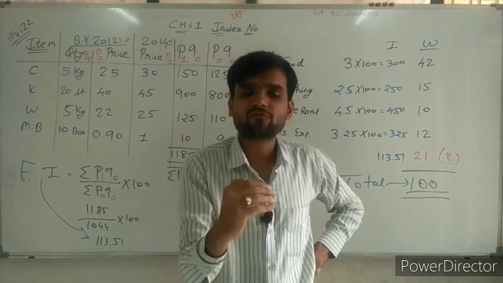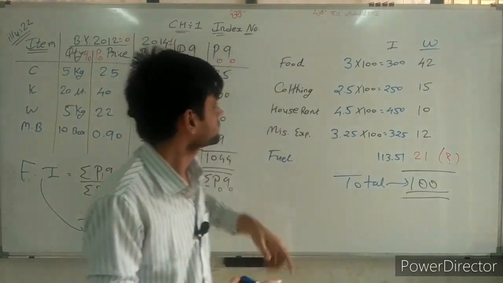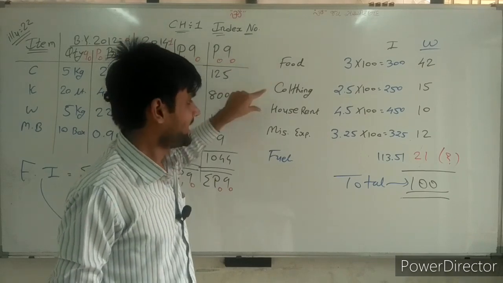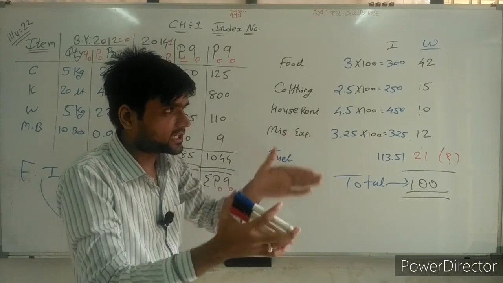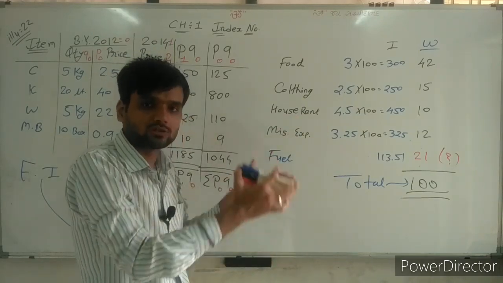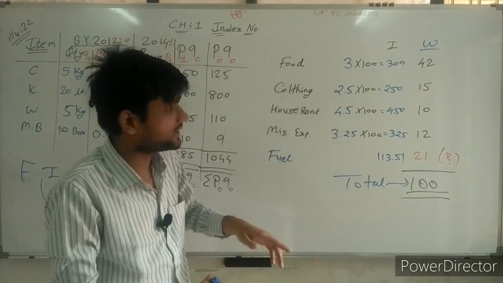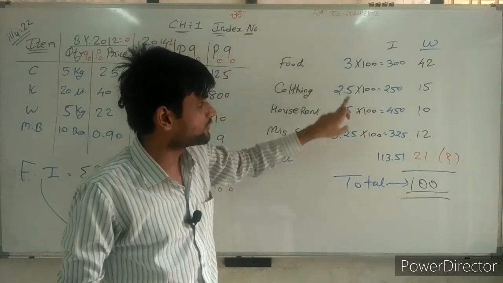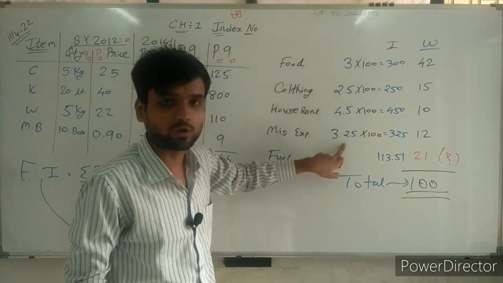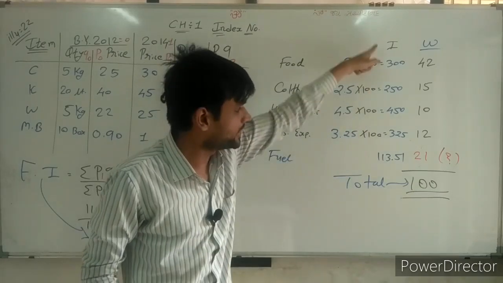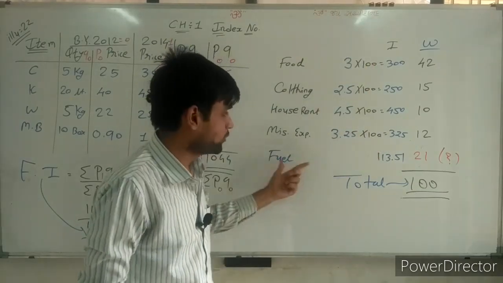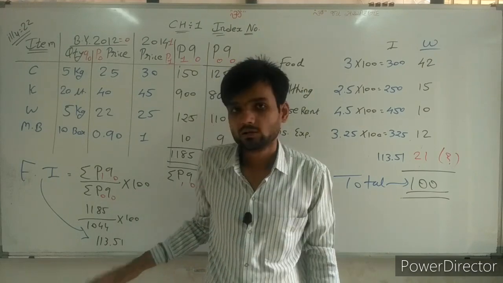Now, the next information is given about food, clothing, house rent and miscellaneous. Compared to 2012, in 2015, 3 times, 2.5 times, 4.5 times, 3.25 times are given. So 100 into that is my I. For the fuel item, I is here.